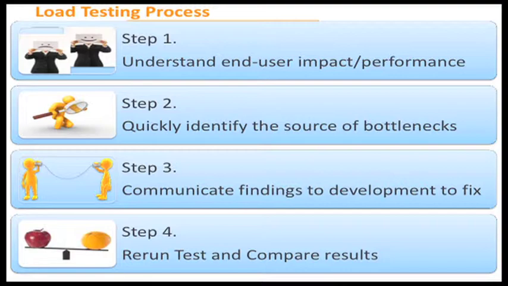The third step is to then communicate our findings with developers. This can often be a challenge, especially if our developers are third-party developers or offshore developers, or even in large organizations where your developers are spread out around the country, around the world. And then the final step is rerunning load tests. Once the developers have made their changes, you want to run a test and ensure that those changes actually fix the problems that they were intended to fix.